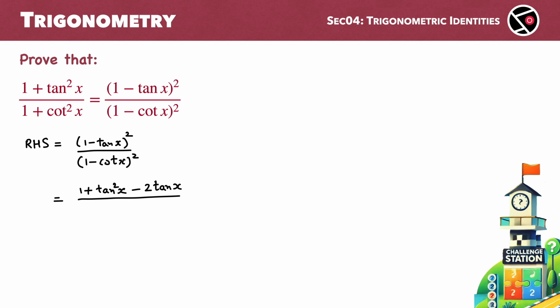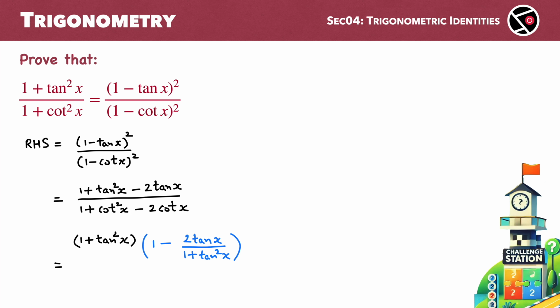And the denominator becomes 1 plus cot square x minus 2 cot x. I can already see the left hand side showing up here. I pull out 1 plus tan square x from the numerator and 1 plus cot square x from the denominator.